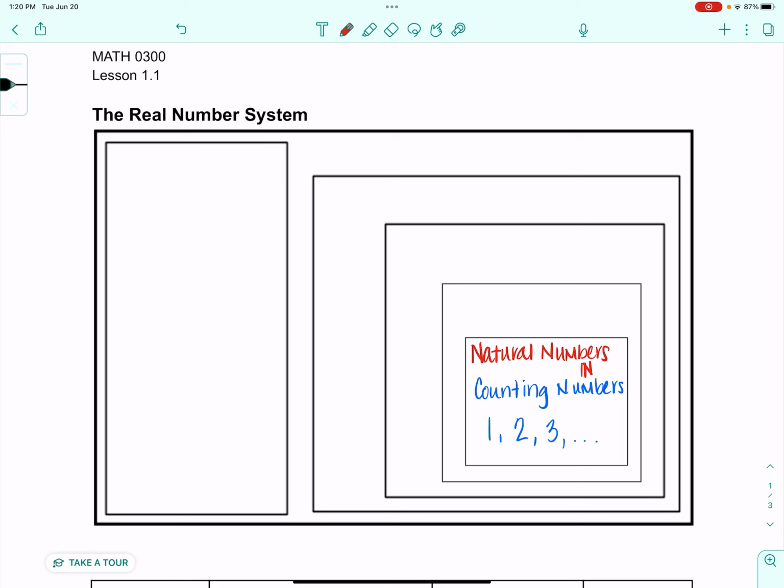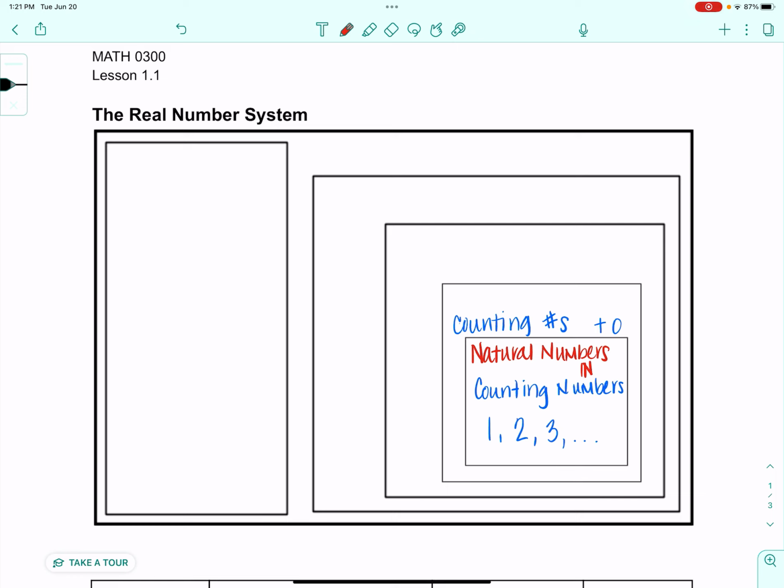When you get a little bit older, you learn about a new number. You learn about 0. So you take all of those counting numbers you already knew, and we stick 0 in there.